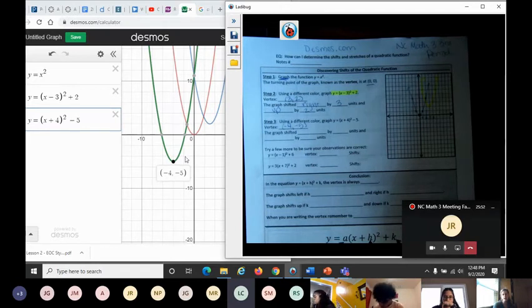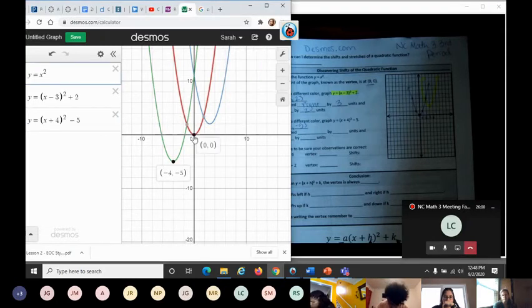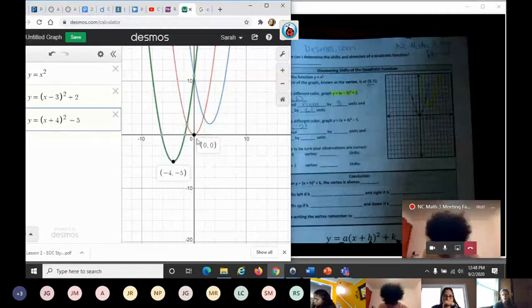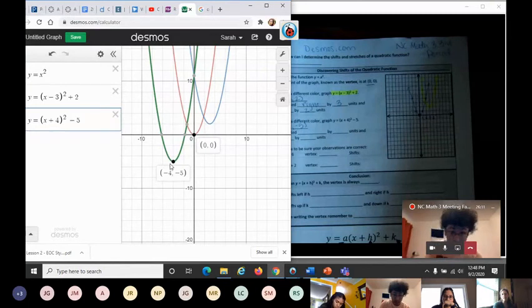So how far and in what directions did the green shift away from the red? The red quadratic started out at 0, 0 with a vertex at 0, 0. And then how far did we have to transform the red function to get to the green one?